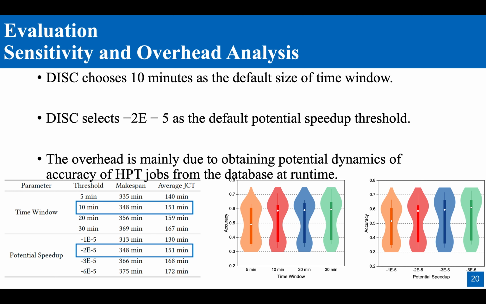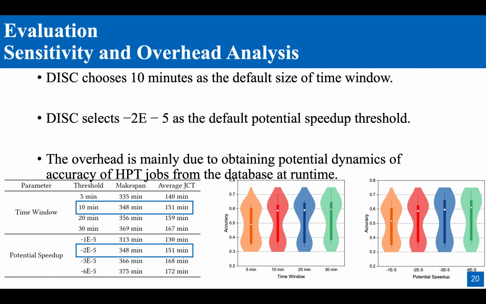Therefore, DISK chooses 10 minutes as the default size of time window. DISK also empirically selects -2 multiplied by 10 to the power of -5 as the default potential speedup threshold, which can reduce the job completion time while maximizing the HPT accuracy.